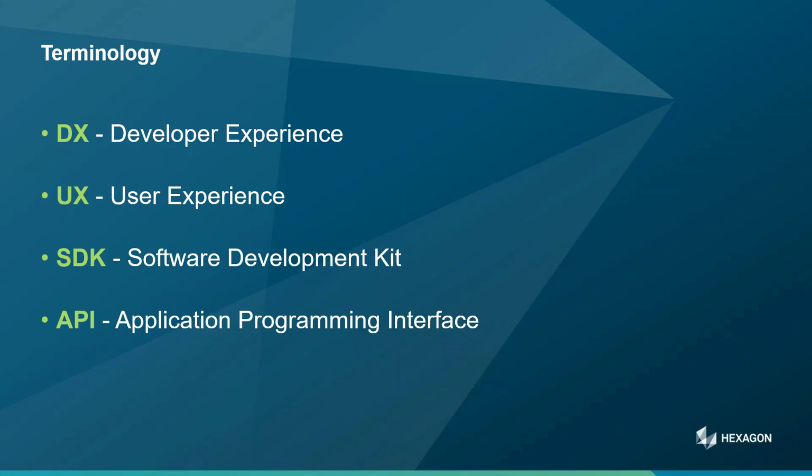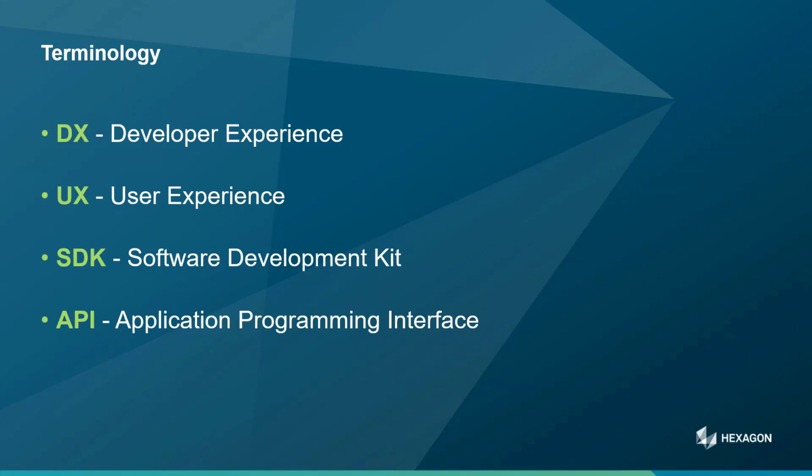So we do that by providing SDKs, software development kits. As the name indicates, it's a kit that offers developers all kinds of tools to help them during the development of an application. That for one can be an API, again, which I will explain in a second, but it also includes samples, documentation, and support. So API finally refers to the application programming interface.